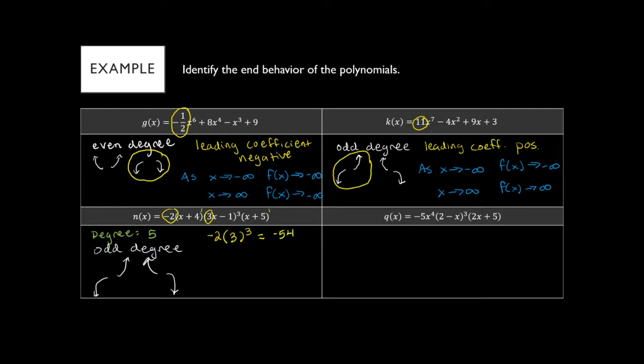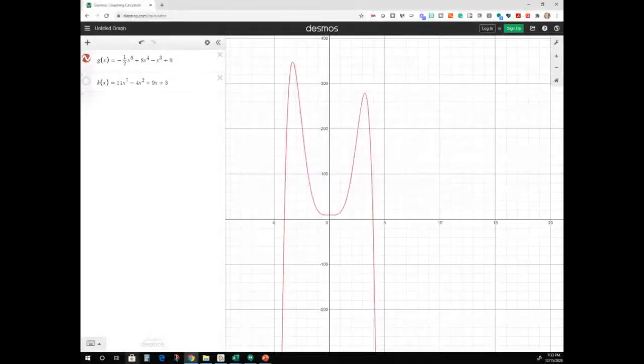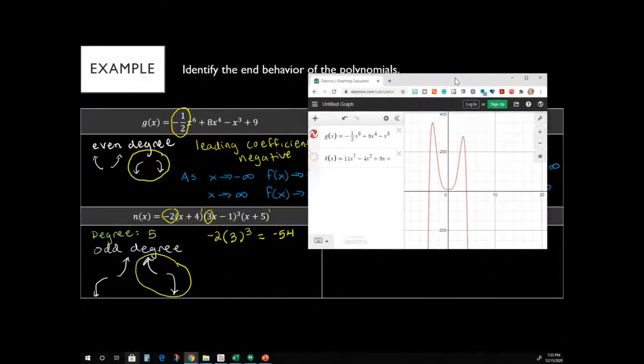So that's a negative leading coefficient, which means that the right side is going to go down. That's going to be negative. So I'm not going to bother writing this stuff in blue. I want to graph this for you guys. So we have n of x.